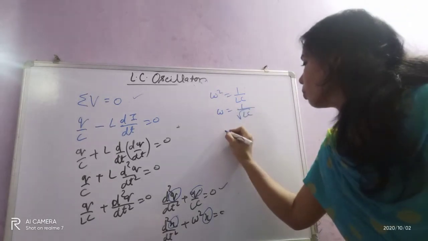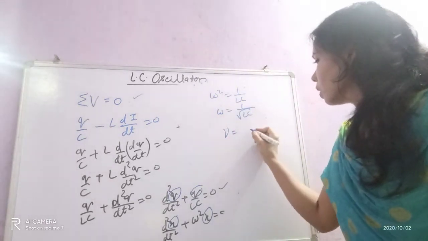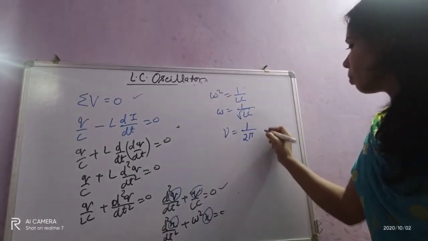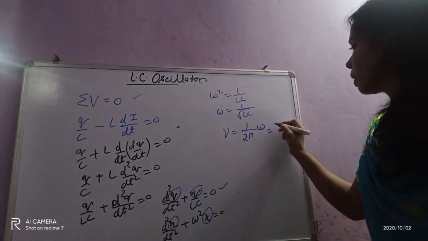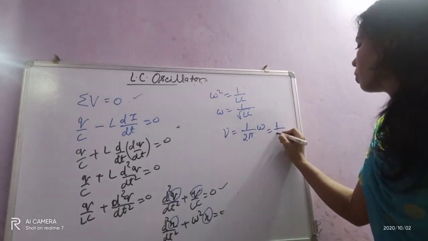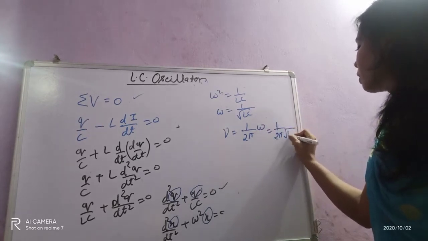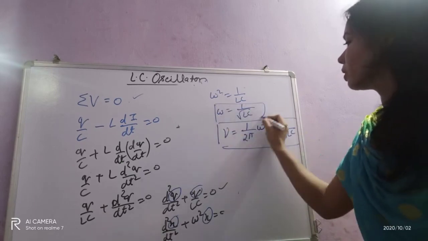Now the linear frequency nu equals omega upon 2 pi. So it will be 1 upon 2 pi, and the value of omega is 1 by root LC. So the value of frequency is this, and the angular frequency is this one.